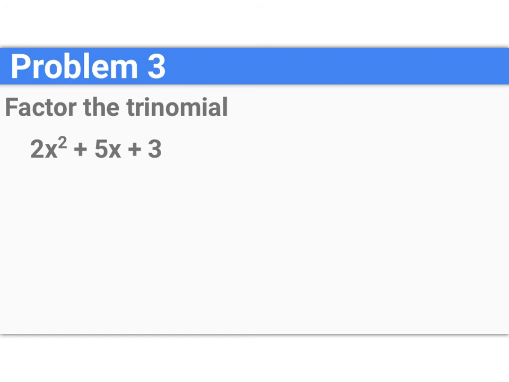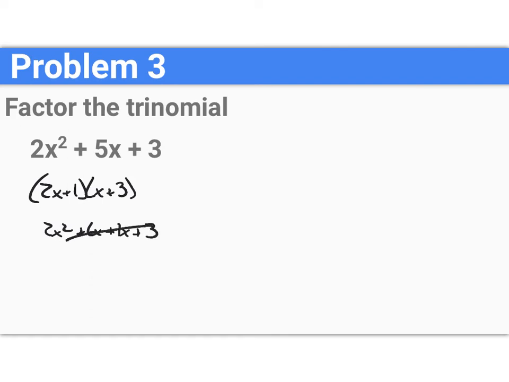Okay, 2x, I think we did this in the beginning, but it was 7x. All right, so the factors of 3 are 3 and 1. So let's say 2x plus 1, x plus 3. Foiling it out, we get 2x squared, outers plus 6x plus 1x plus 3.